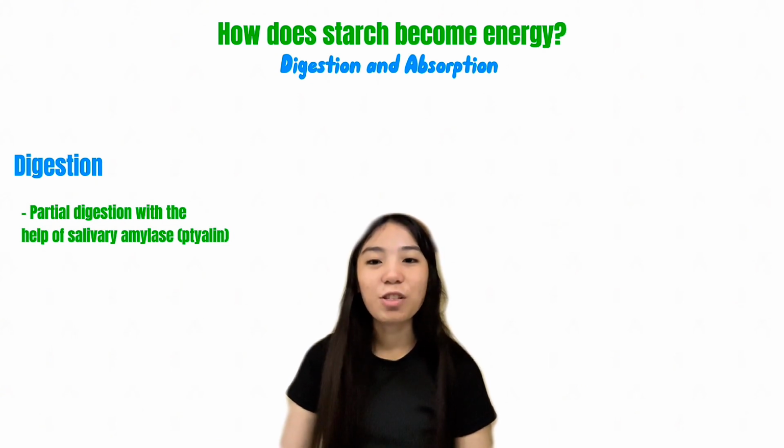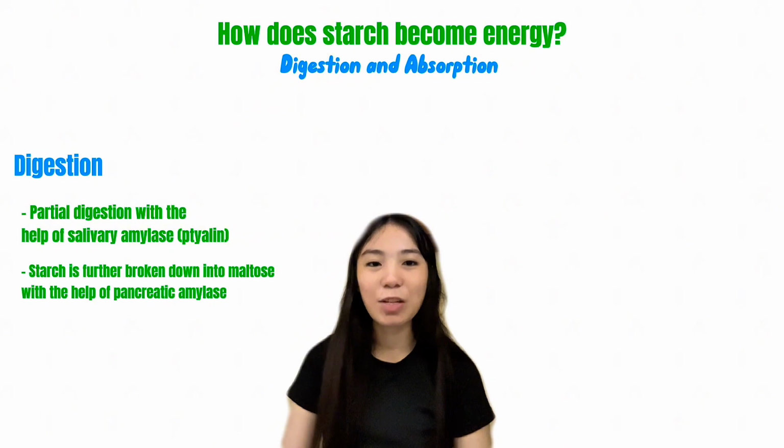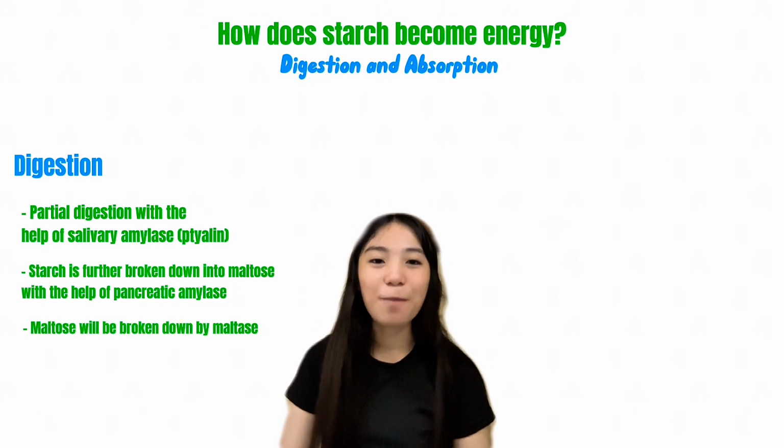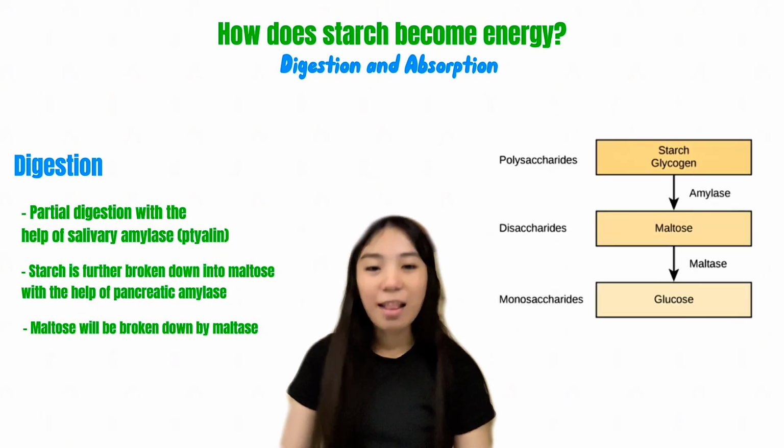Once it travels to the small intestine, the process continues, and with the help of another enzyme called pancreatic amylase, it further breaks down starch into maltose. This maltose will be broken down by maltase, another enzyme in the small intestine, into glucose. In this diagram, it can be seen how, with the help of amylase, starch is broken down into maltose, a disaccharide.